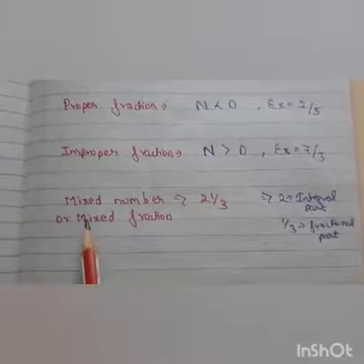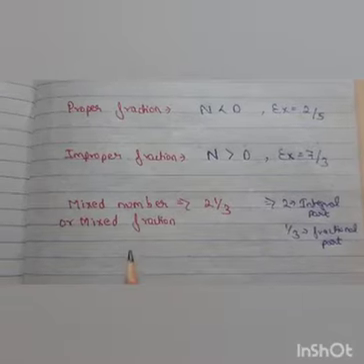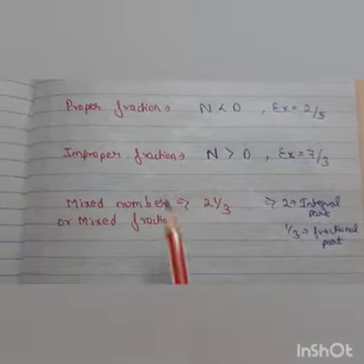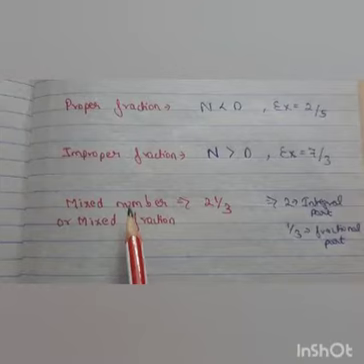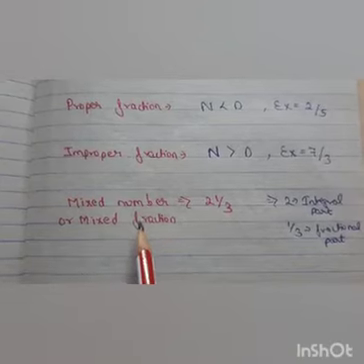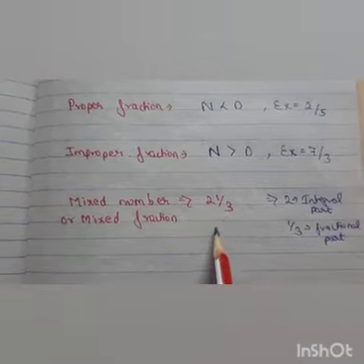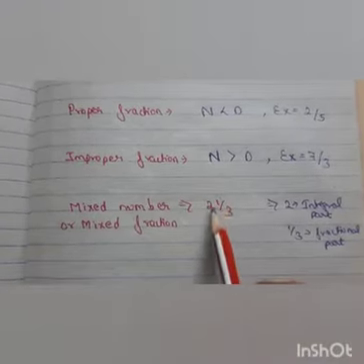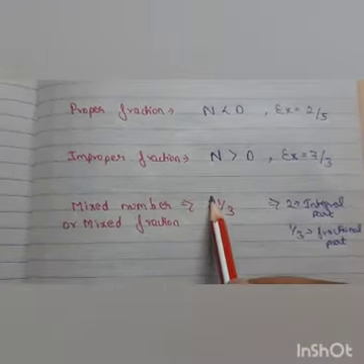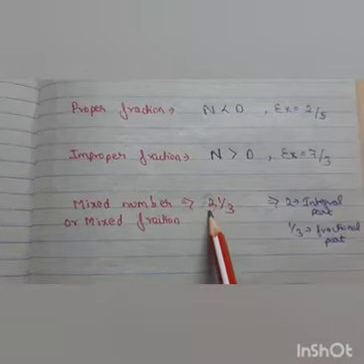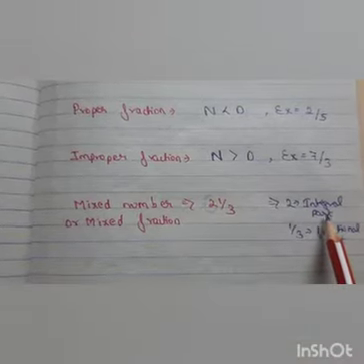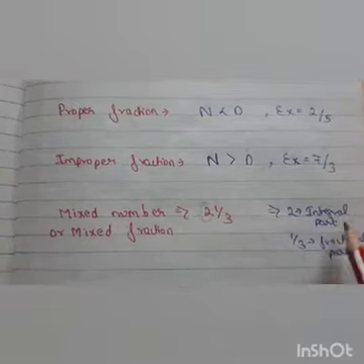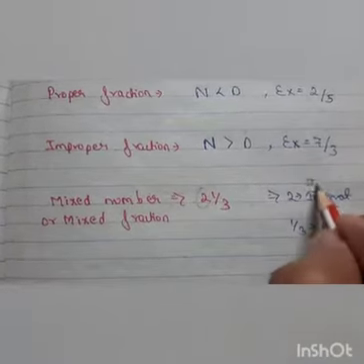The third type comes as what? Mixed fraction. Mixed fraction means what? The improper fraction can be converted to a mixed fraction. For example, 2 whole number 1 by 3, 3 whole number 1 by 2, these are known as mixed fractions. Now this mixed fraction consists of two parts. The part which represents a whole quantity is known as the integer part. Here it's written integral, it's not integral, it's integer.